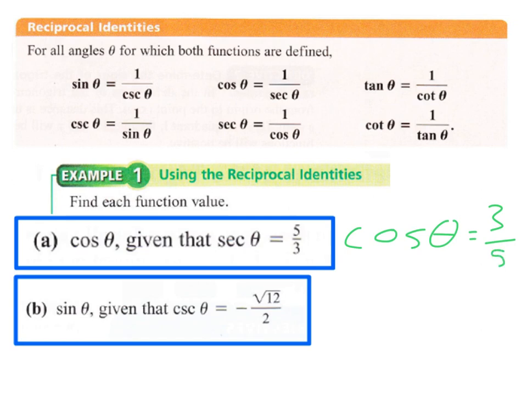And then the second question here, find the sine of theta given that the cosecant is negative square root of 12 over 2. Now really, if you were to answer that the cosecant of theta was negative square root of 12 over 2, I would be a little concerned because you hadn't reduced the square root of 12. Now they're just giving that to us as part of the question. But one thing we could do would be to simplify that first.